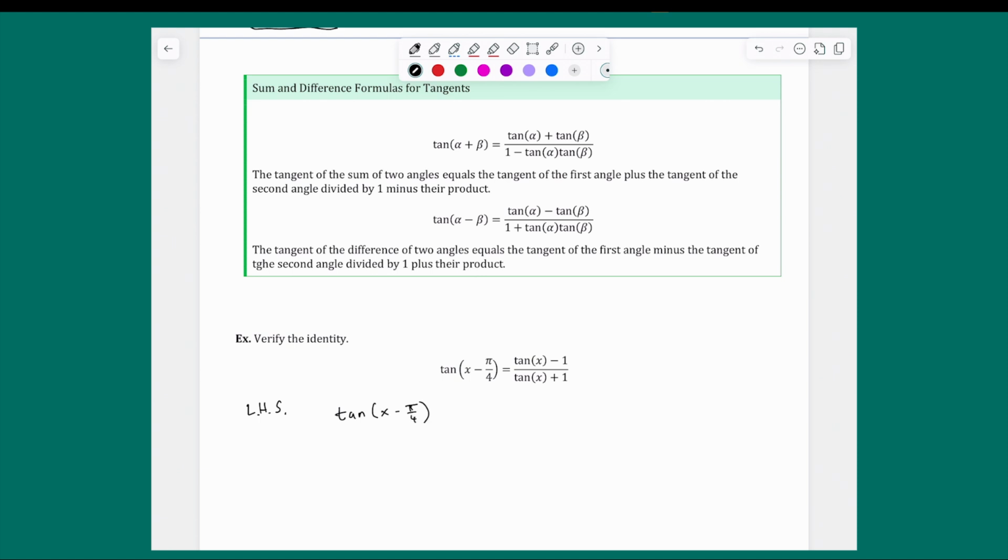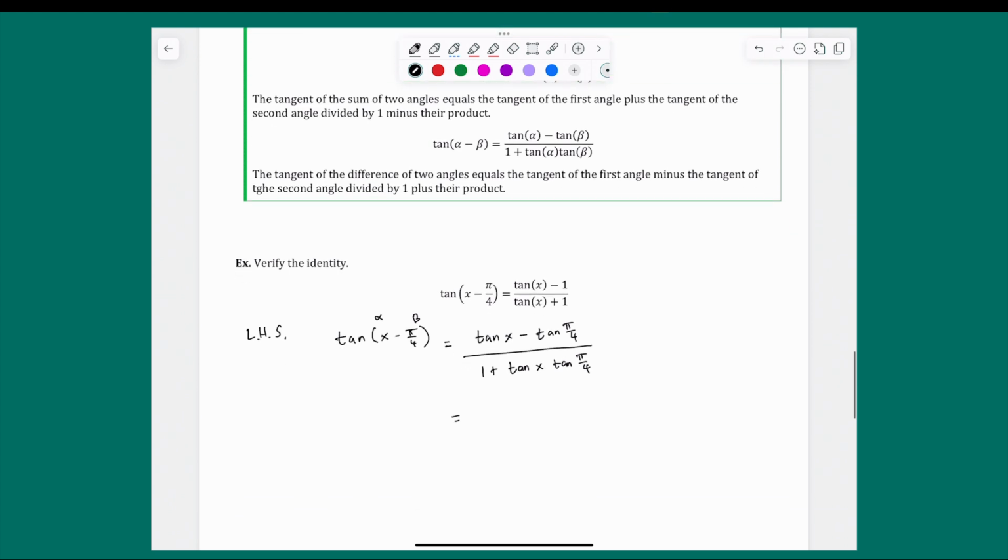Okay, so we have alpha minus beta there, right? So then we know that we would have tangent of the first angle alpha, which is just x, minus tangent of the second angle beta, which is pi over 4, all over 1 plus tangent of the first angle, which is just x, times tangent of the second angle, which is pi over 4.